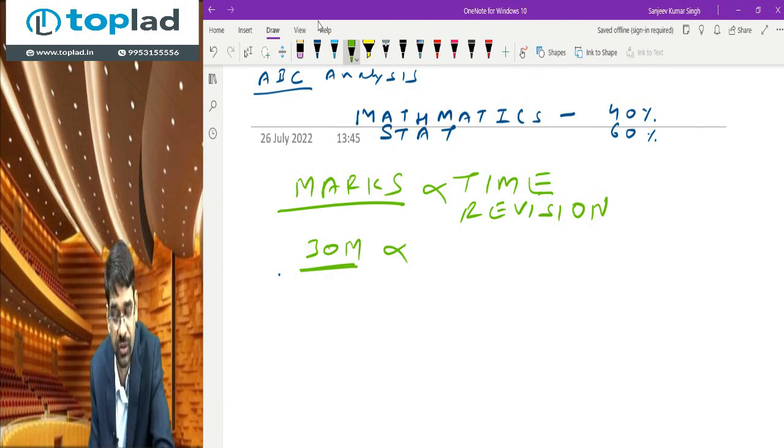The central tendency chapter, 30 marks. The next one is the 10 marks chapter, correlation and regression. You also have to devote more time for the correlation and regression chapter.